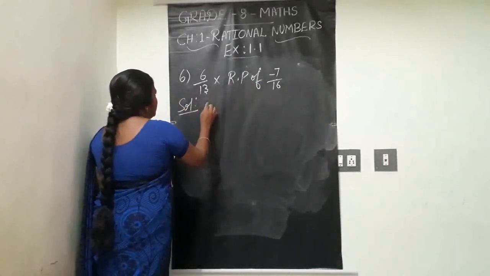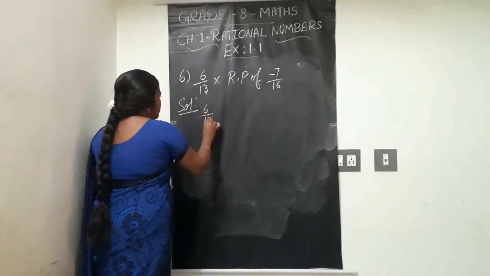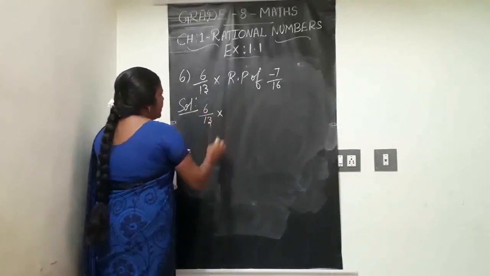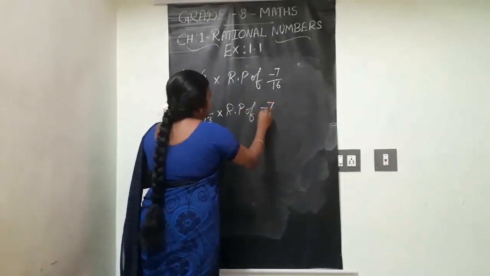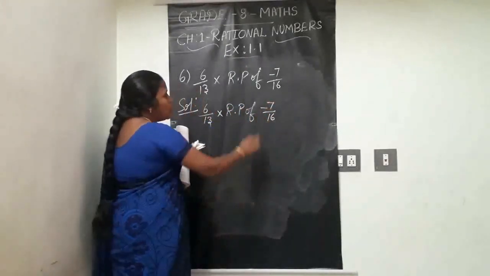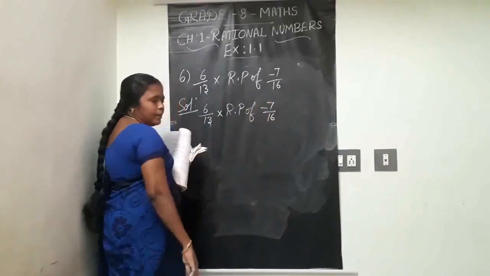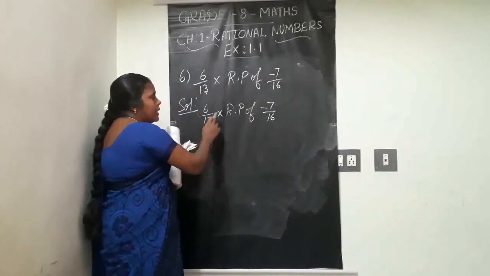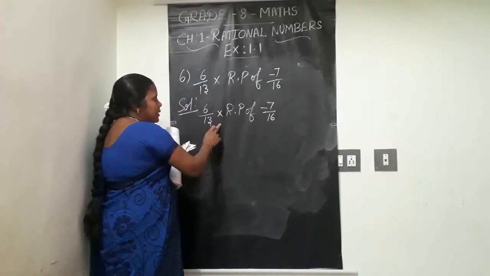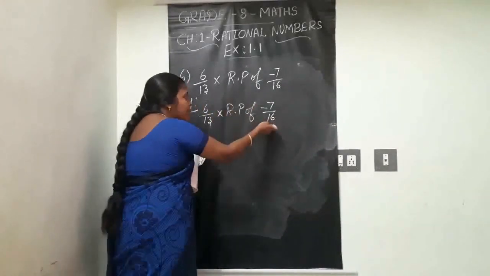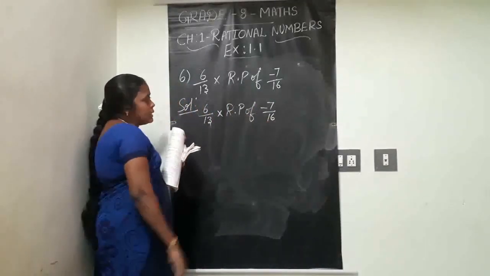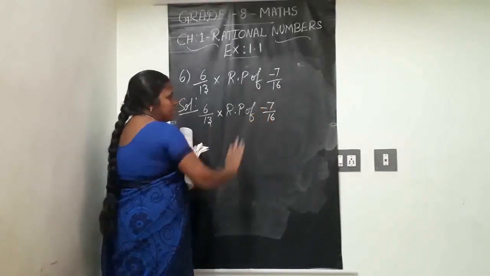First of all, write like this: 6 by 13 multiplied by the reciprocal of minus 7 by 16. Don't take this number directly for multiplication. They are telling us to multiply the first number by the reciprocal of the second number. The second number is minus 7 by 16.